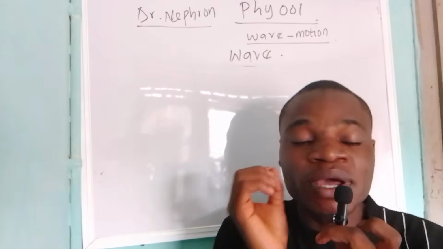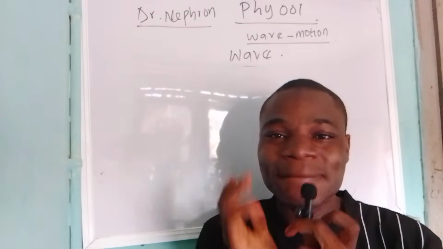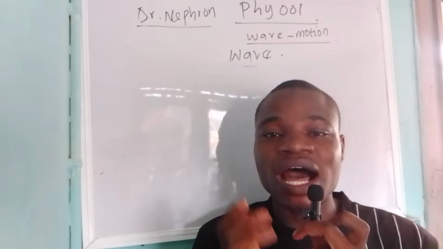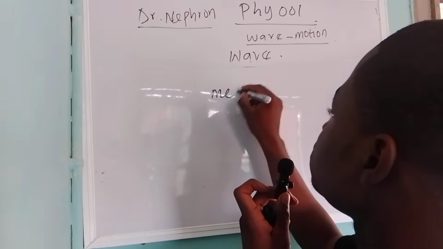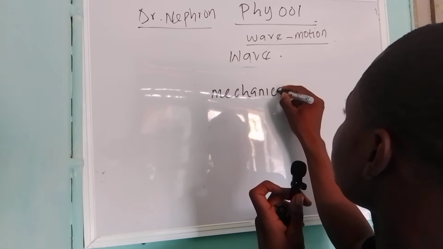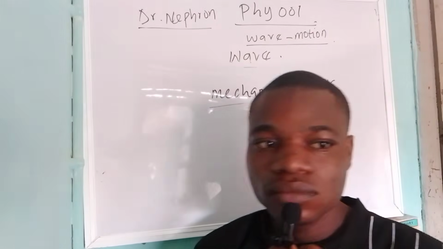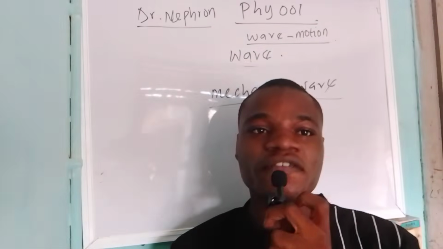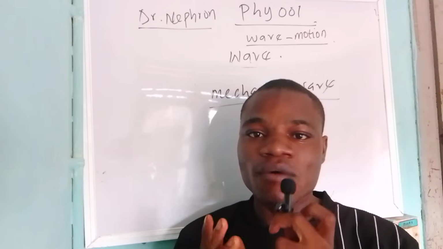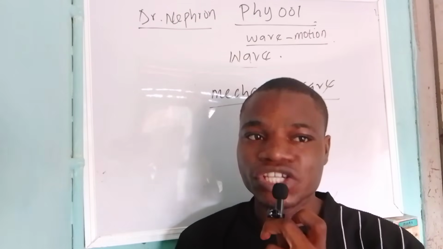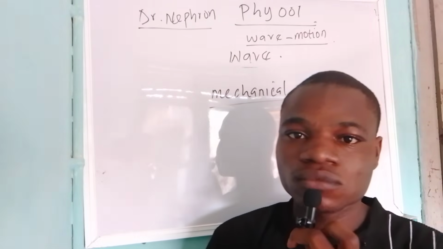It is the type of wave that requires a material medium for its propagation. Did you get it now? Mechanical wave is the type of wave that requires material medium for propagation. It's called mechanical wave.